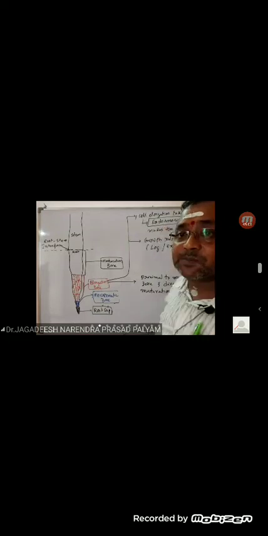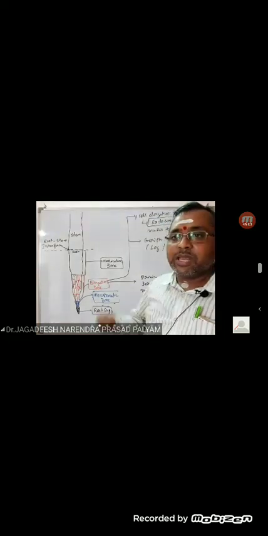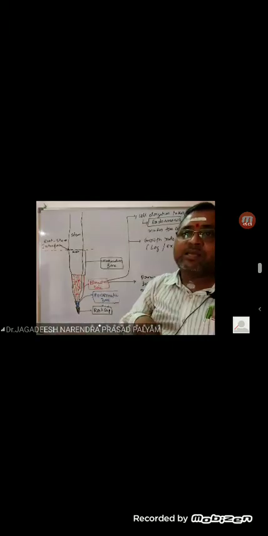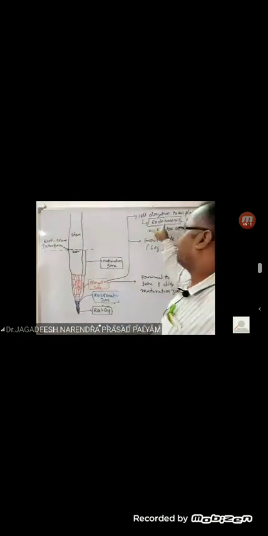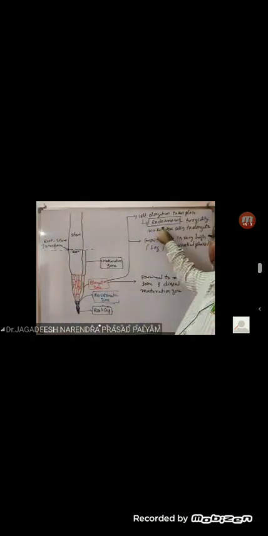What is endosmosis? Entry of water into the cell is endosmosis. If water exits from the cell, it is exosmosis. Here endosmosis takes place. Is it clear?